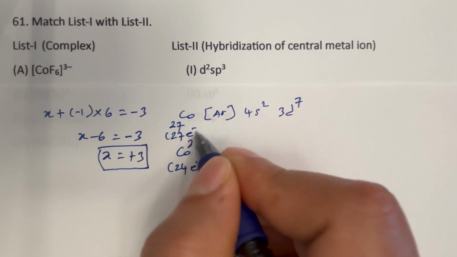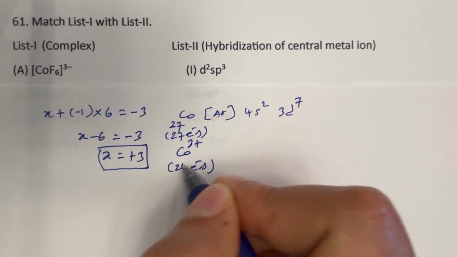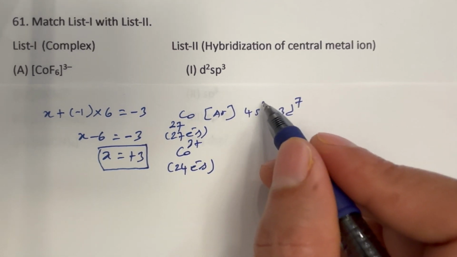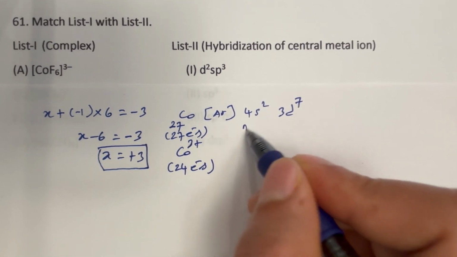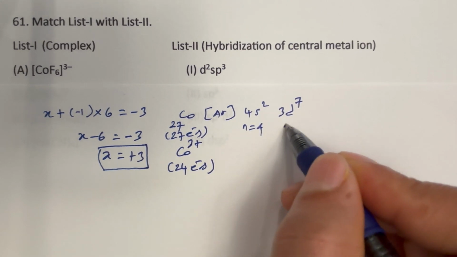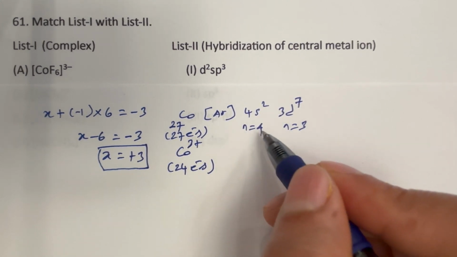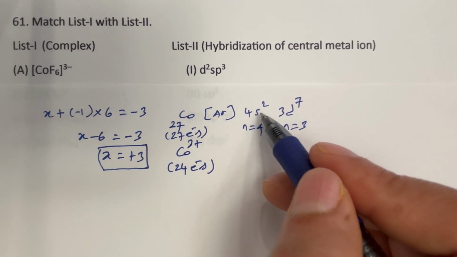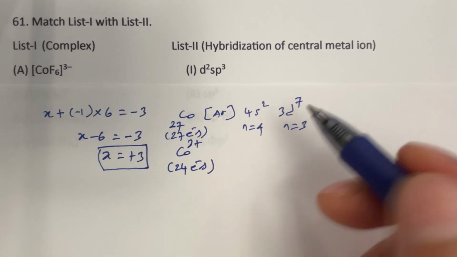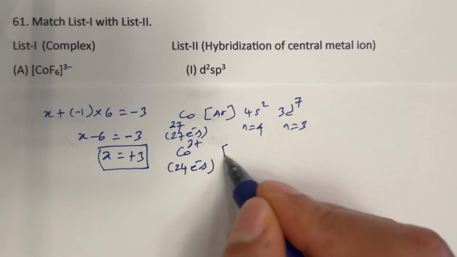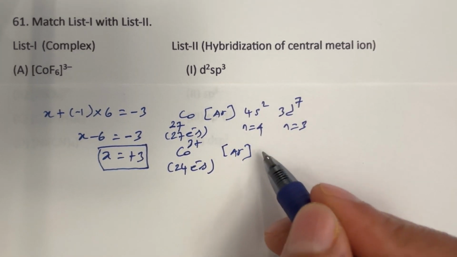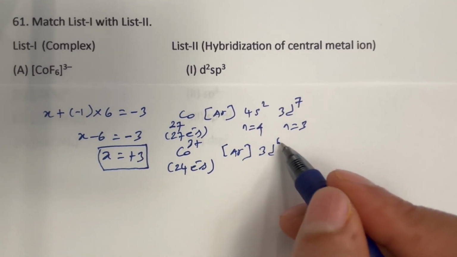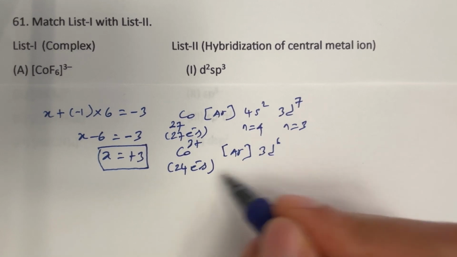Here we had 27 electrons, but now we have only 24 electrons. And the 4s2 electrons have to be removed first because here n equal to 4, here n equal to 3, the principal quantum number. Therefore, this should go away first. This is in the outer shell. Therefore, this must go away first. So, the electronic configuration now is argon and then 3d 6. 18 plus 6, so 24 electrons.